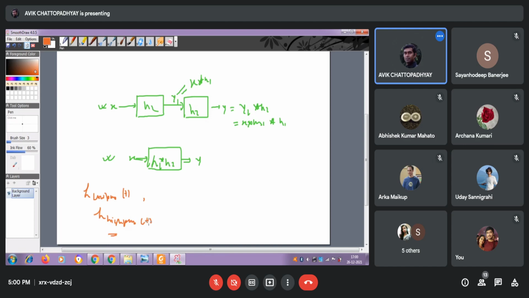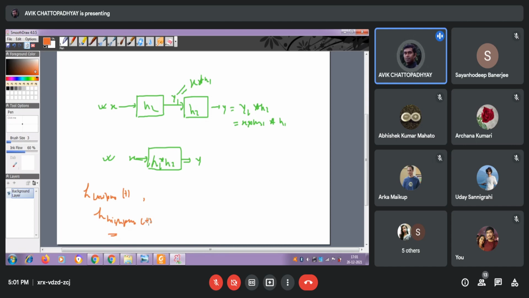With this stage, we filter out the low frequency and the DC components of the input signal. Once these two stages are designed, we know the individual impulse responses, h low pass and h high pass, and what the response would be.